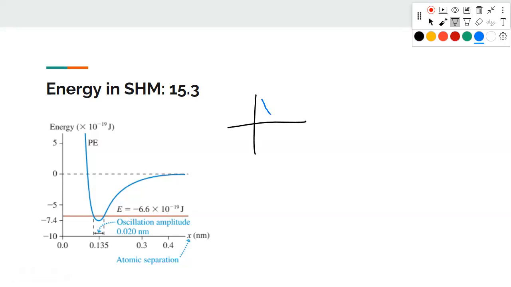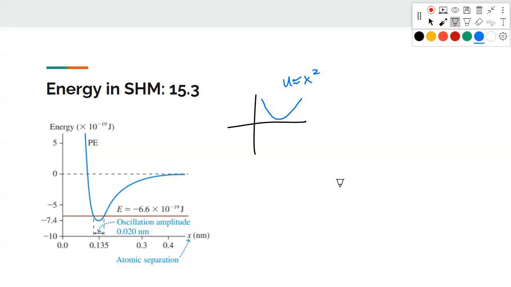If it were actually simple harmonic motion, then this potential energy curve would have to be related to a parabola. It would have to go like x squared, something, 1/2 kx squared. And you can see that this curve clearly is not a parabola, right? It's got some weird horizontal asymptote on the right side, and it's blowing up on the left side.